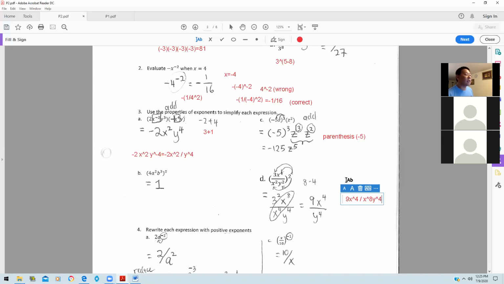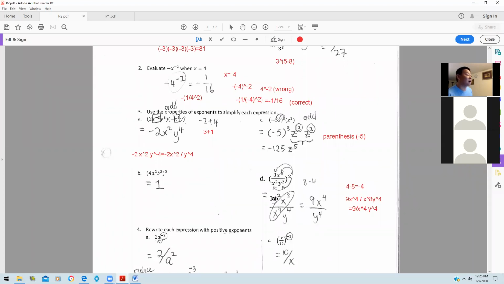So you find out that this x4 divided by x8 you can subtract. So 4 minus 8, you get a negative 4. And so what happens in this case is that you will get a 9 here over x to the power of 4, y to the power of 4. So you notice that when you guys do this, if this is positive, you put it on top. If you find the subtraction here is a negative, then you put it on the bottom. Okay, but your 9 still remains on the top.